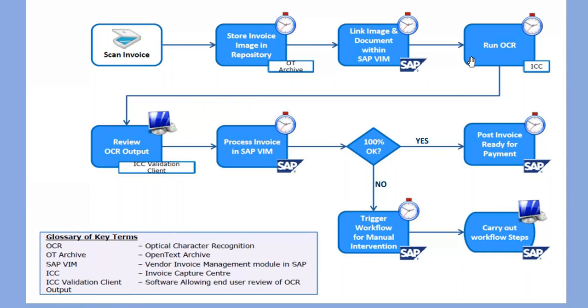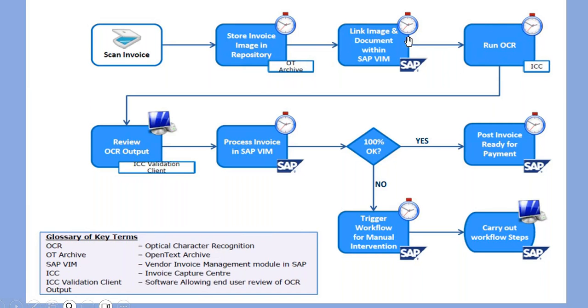The type of information OCR will extract is like vendor number, vendor name, and there can be an invoice reference number, or amounts like gross amount and tax amount. That will be done by this OCR tool.